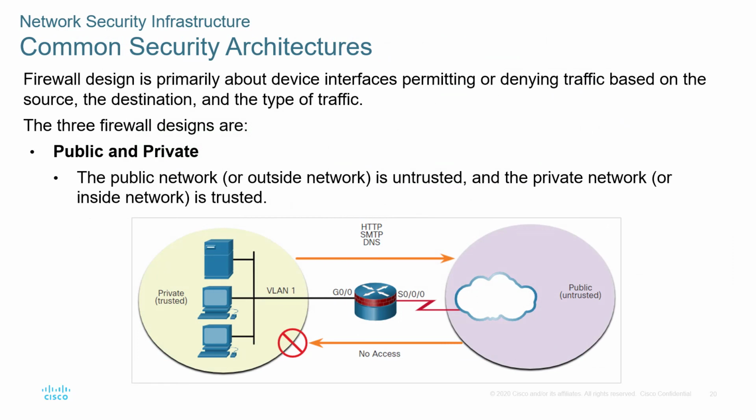So what are some common security appliances or some common security architectures? Well, one of the big ones is anything coming from the internet going into the network, block, deny them. If the original request is coming from inside the network, going out to the public network, the internet, then we can trust that.